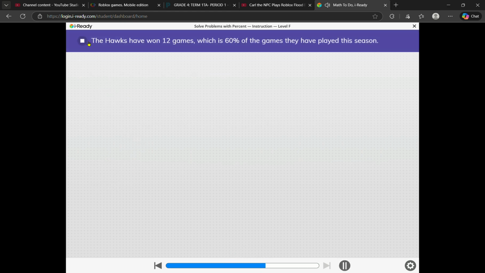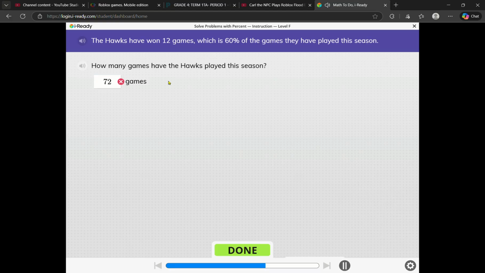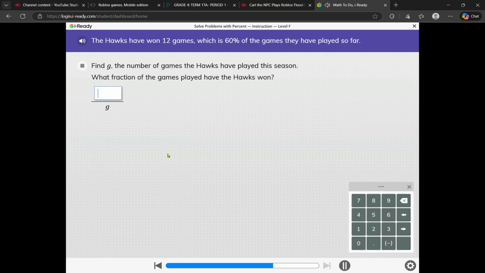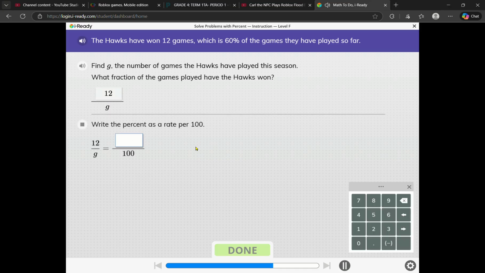The Hawks have won. How many games have the Hawks played this season? Let's do it step by step. Find G, the number. Write the percent as a rate per 100.